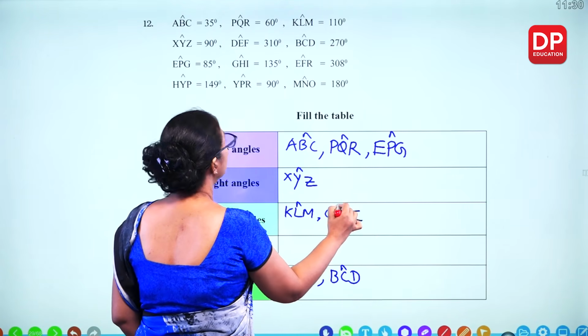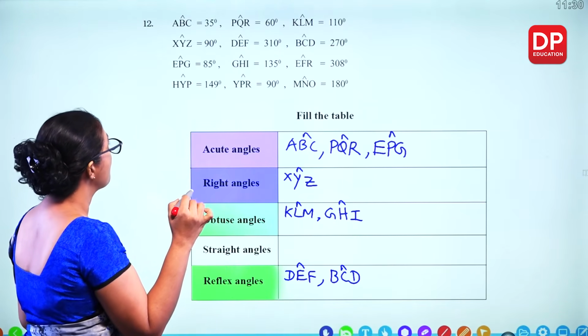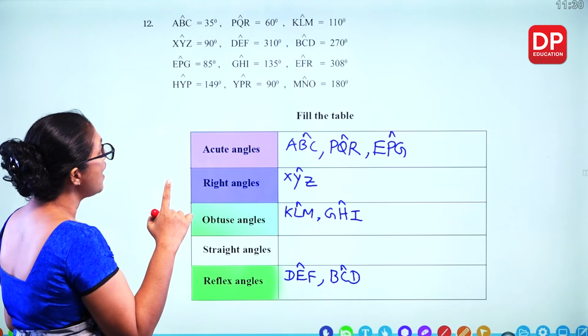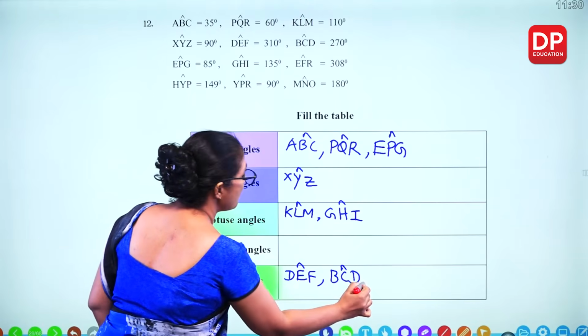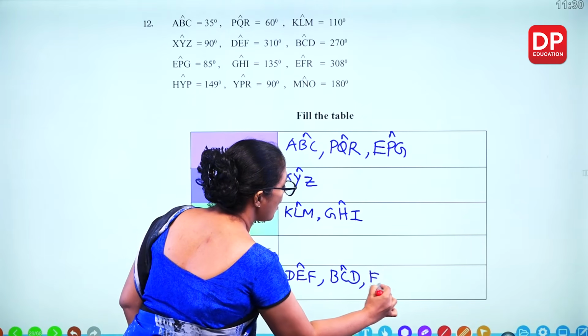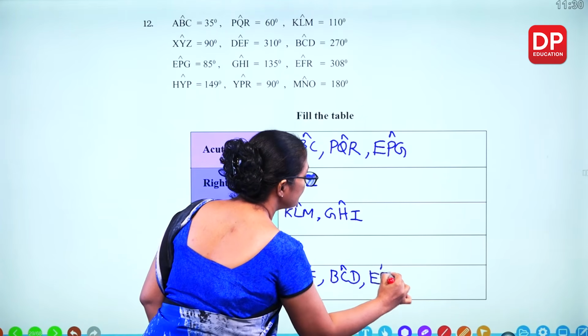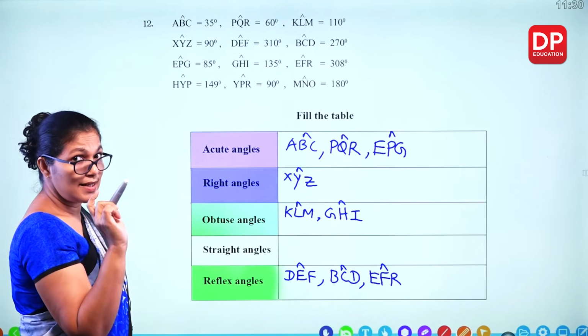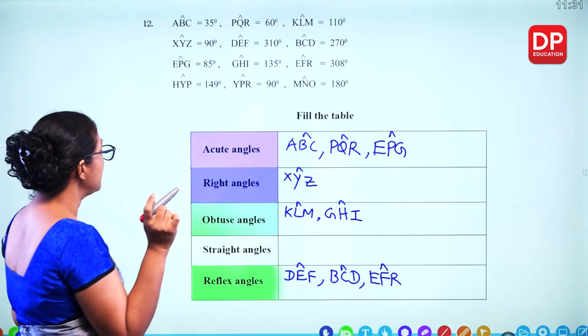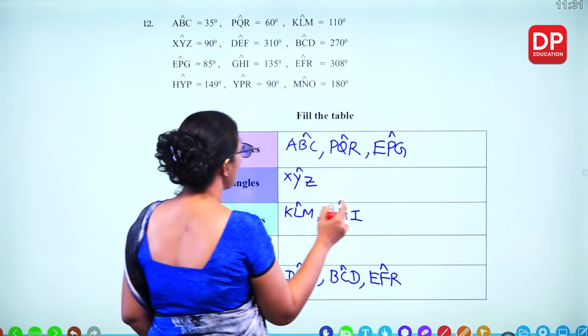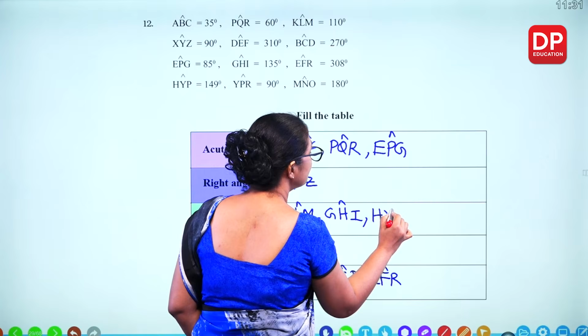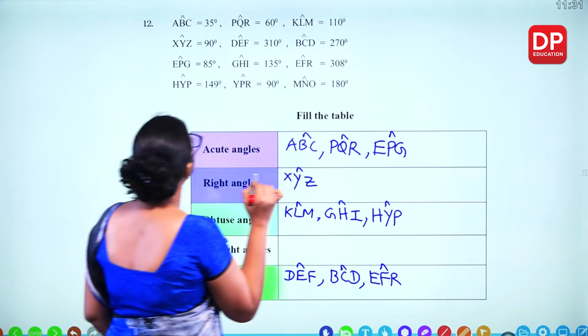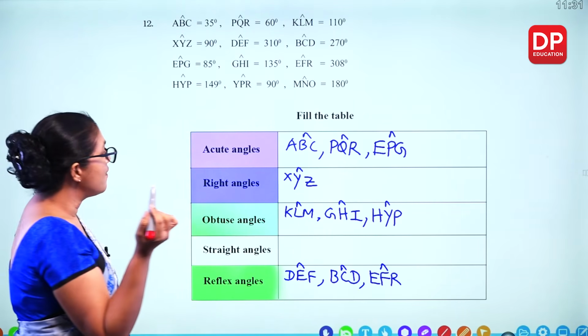GHI. 308, that's reflex angle. EFR. 149, it's less than 180, that's an obtuse angle. HYP. 90 degrees again, right angle.